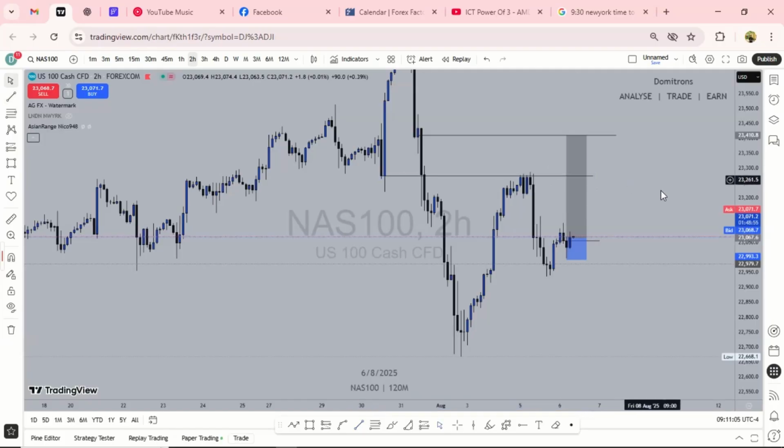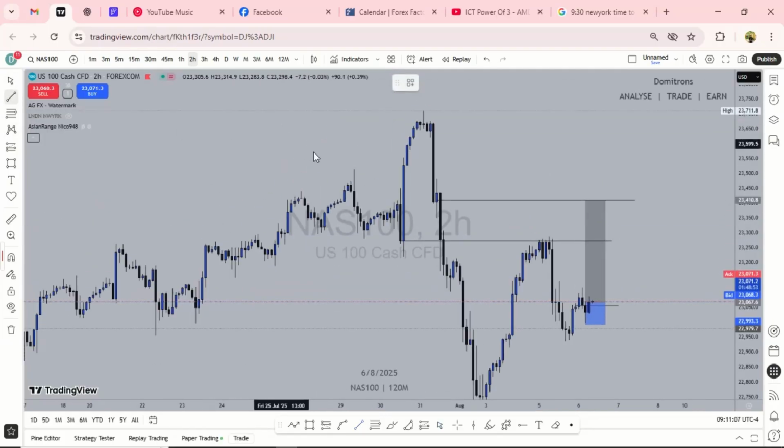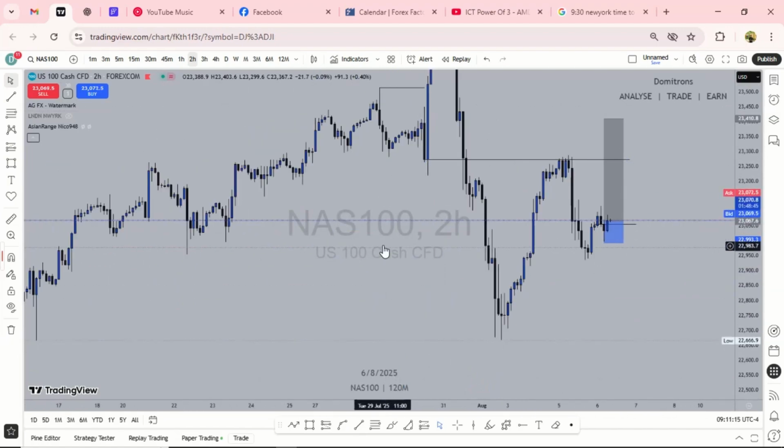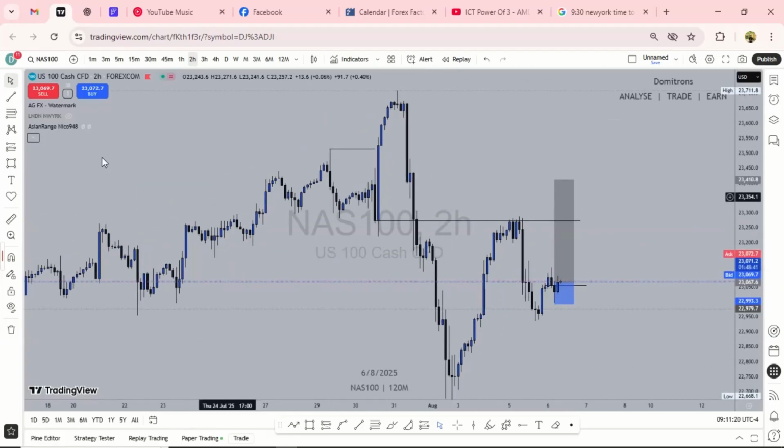All right, so most of us are most likely going to see this and say it is a breaker block or sort of, and price did actually trade into it, because this was a demand zone that was violated, or another block that was violated.